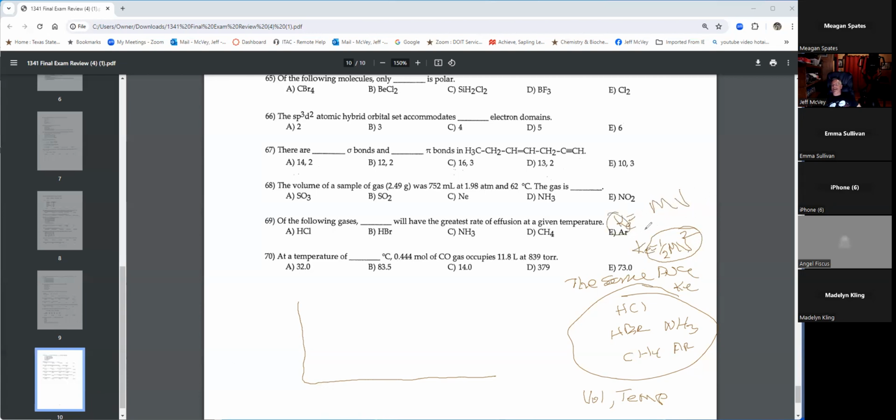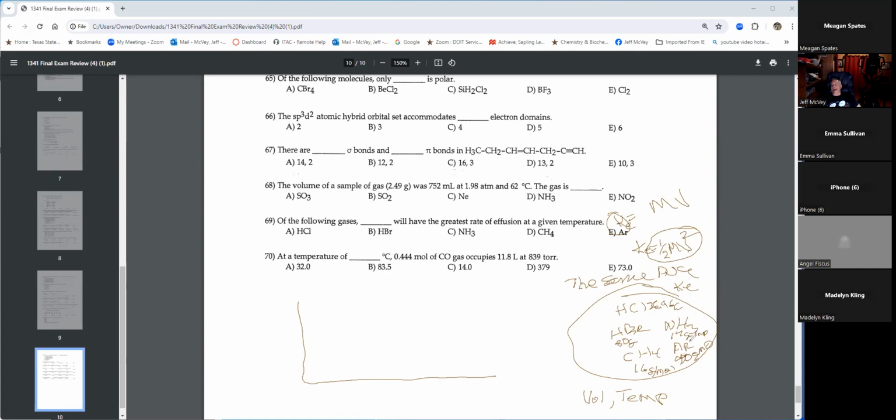If this number is the same for all these gases, HCl is like 36.46 grams per mole. HBr is something like 80 grams per mole. Ammonia is like 17 grams per mole. Argon, I think, is 40 grams per mole. Methane is like 16 grams per mole.